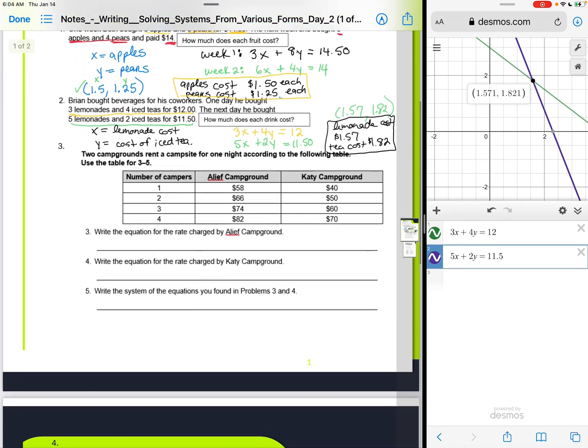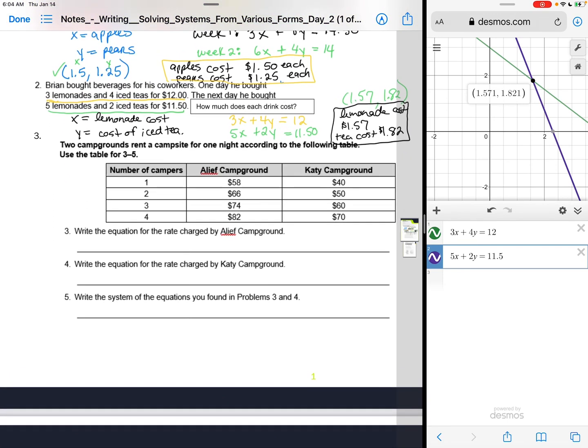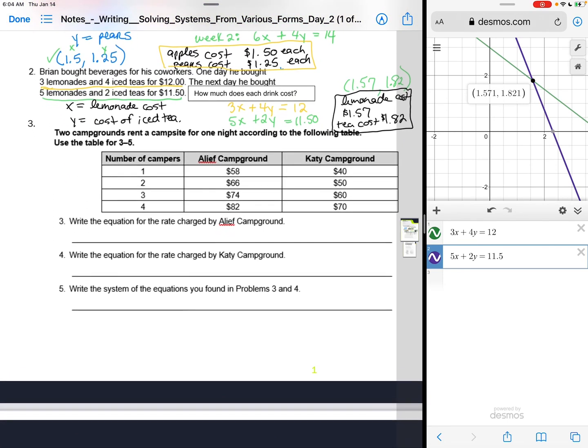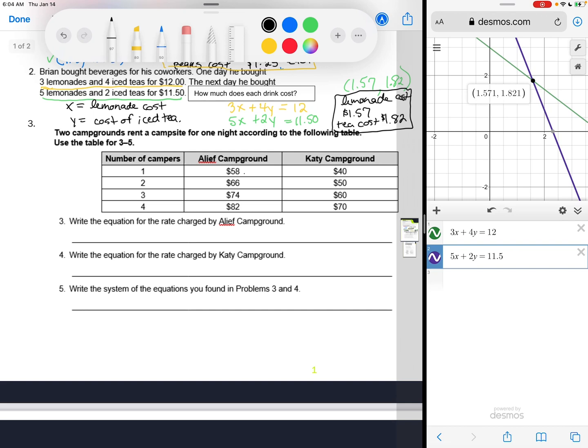All right, so now we're going to get to this table. It says 2 campgrounds rent a campsite for 1 night according to the following table. All right, so we have the number of campers 1 to 4. We have Alief Campground and we have Katy Campground. So when we look here, Alief Campground is $58, right?